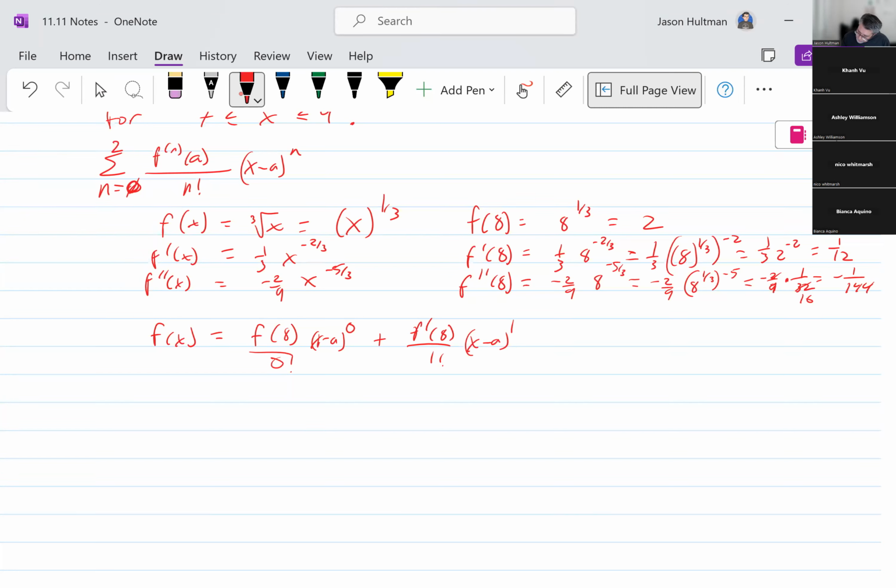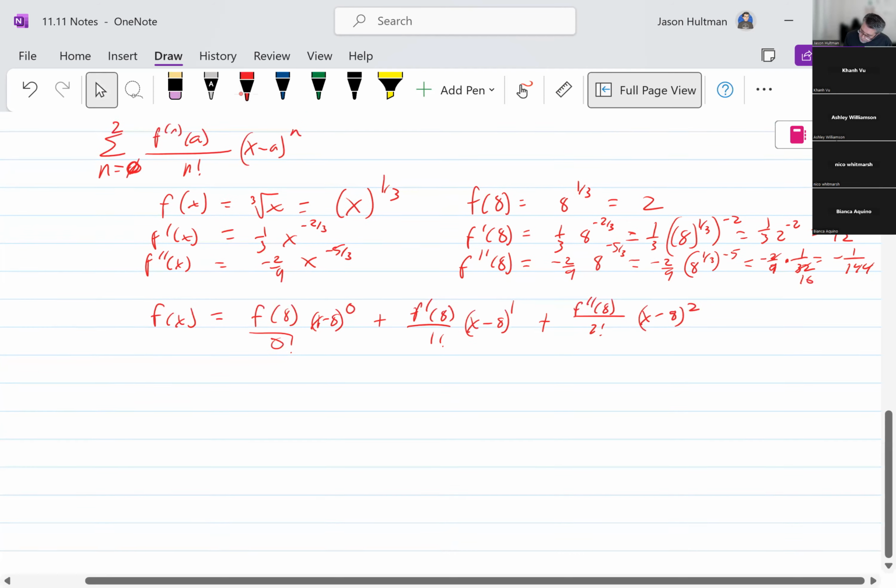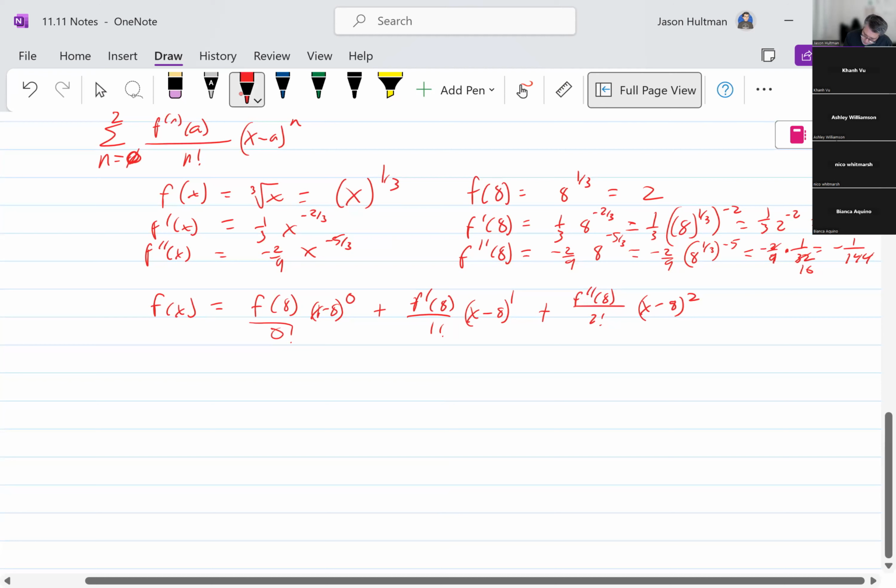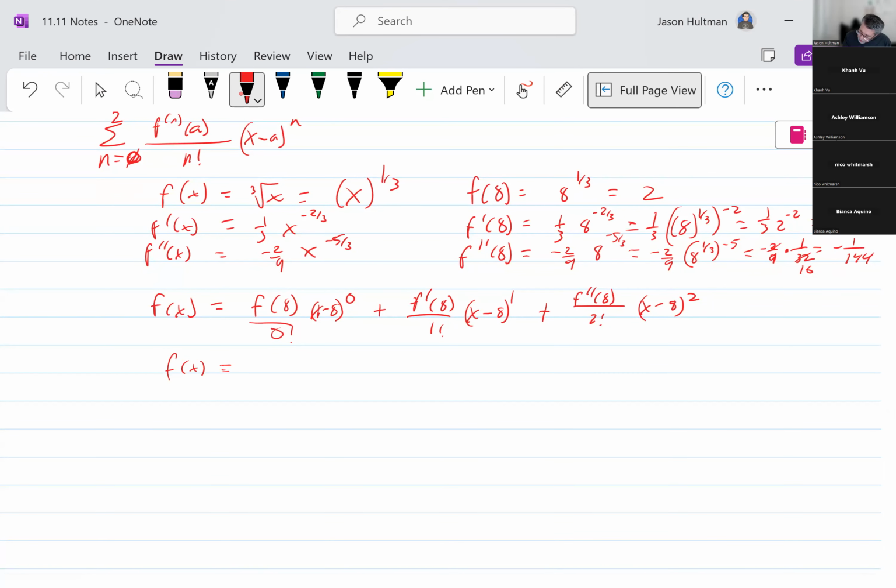Okay. But again, what is A? A is 8, right? So we can plug the 8 in there. Okay, and then plus f double prime of 8 over 2 factorial x minus 8 to the second power. But we've already figured out what these numbers are. Okay, f of x is equal to f of 8 was 2.